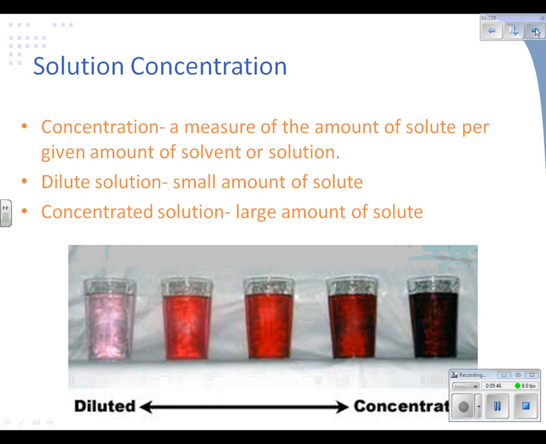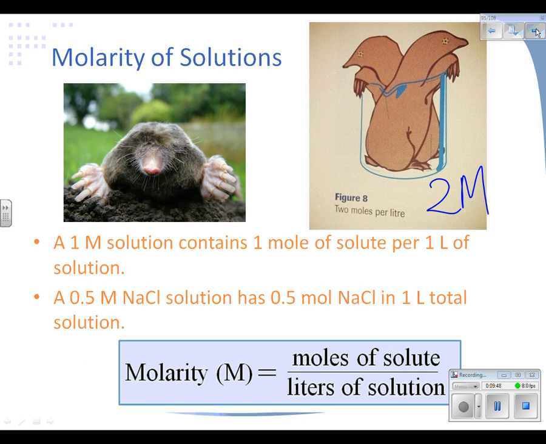Okay. Now, when we were talking about molarity, some of the solutions that we dealt with in our previous demos, if it said that it was a 1 molar solution, then what that was saying is it contained 1 mole of the solute for every liter of the solution that we made. Okay.